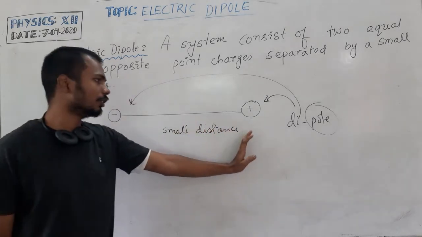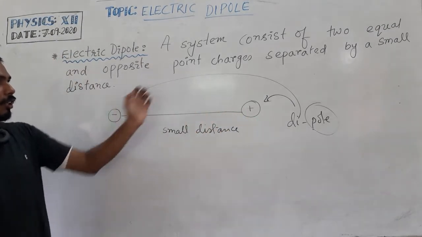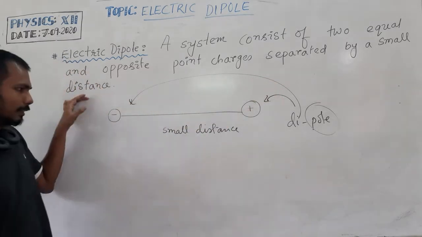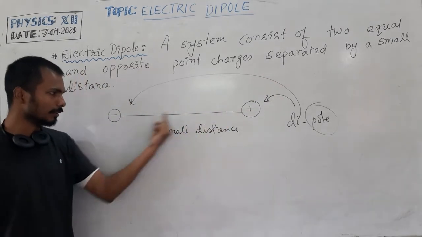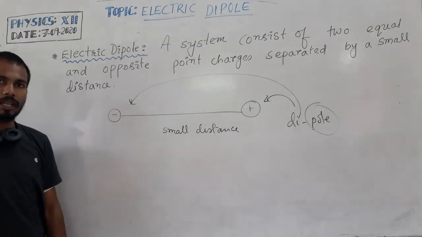They are opposite in nature and separated by a small distance. So this system is called an electric dipole.